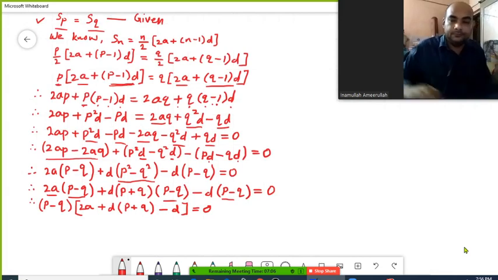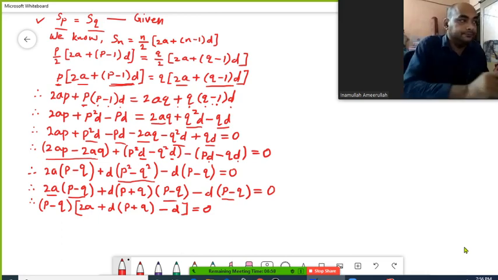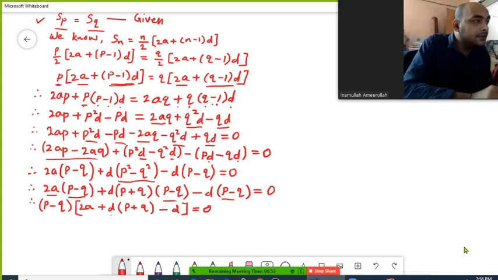Now, after that, again I can take out d as a common factor from here. Look at this. This term has d as a common factor, and this term has d as a common factor.